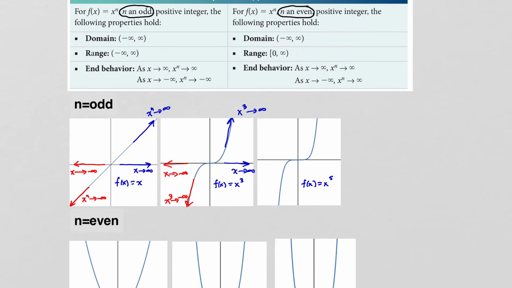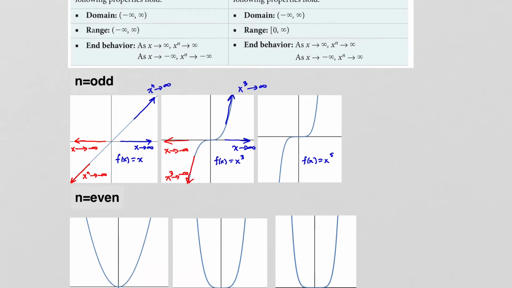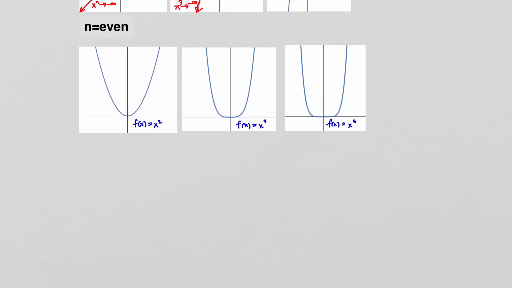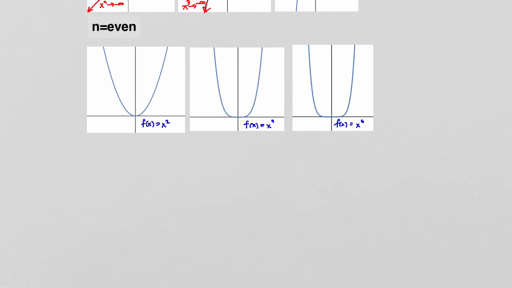Now, when you have an even power, the domain is still all real numbers, but the range is only from 0 to infinity. And the end behavior is also a little bit different. And to help us understand that, I brought in the graphs of x to the second power, x to the fourth power, and x to the sixth power.